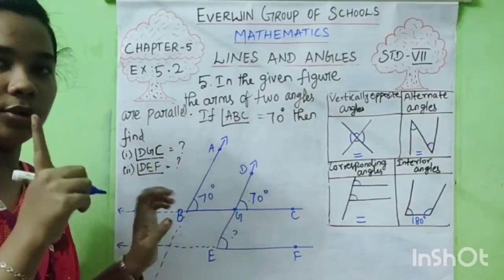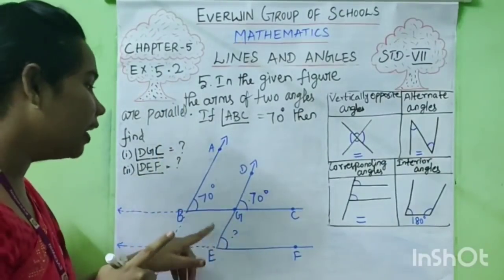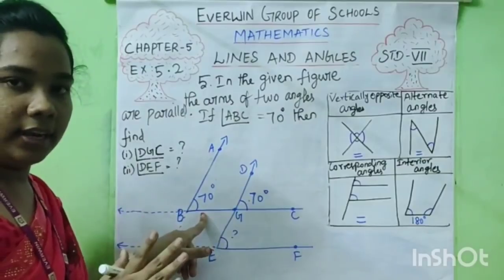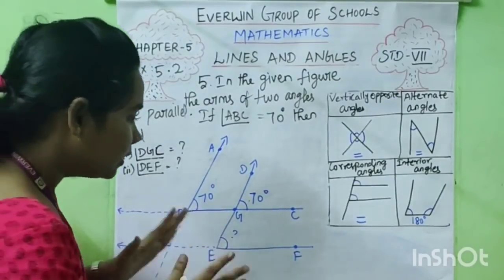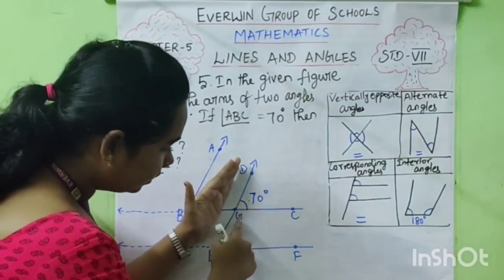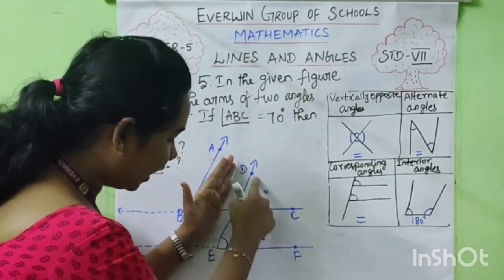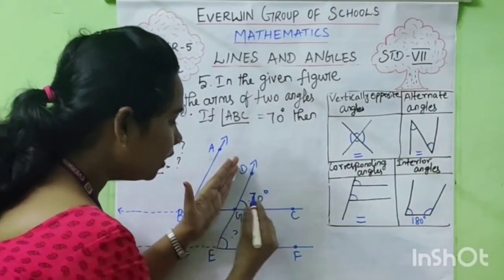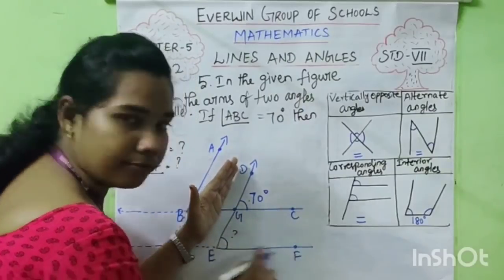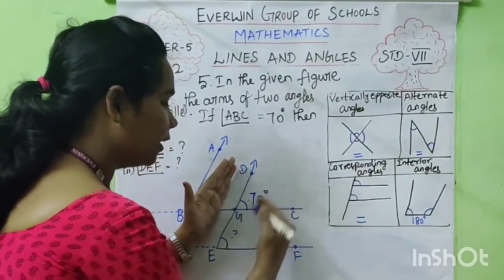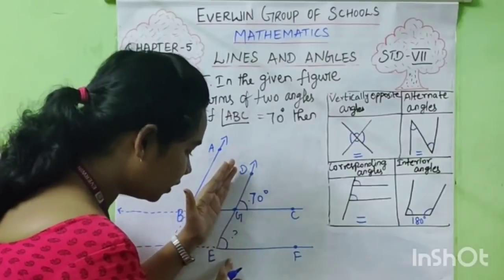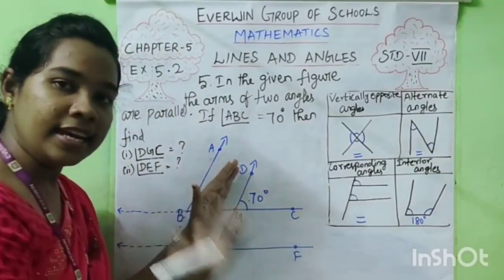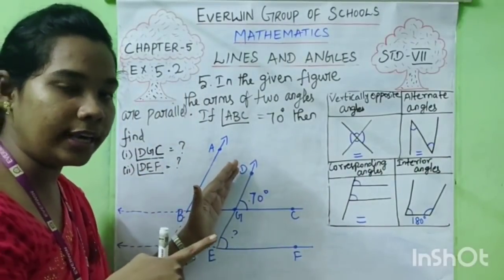Okay, children, which property we are using here? Corresponding property we are using here. Okay. See, now look at this alone. DGC and DEF. Actually, this is looking like F, right? So, top right is 70 degree means for this line also top right will be 70 degree by corresponding angles.